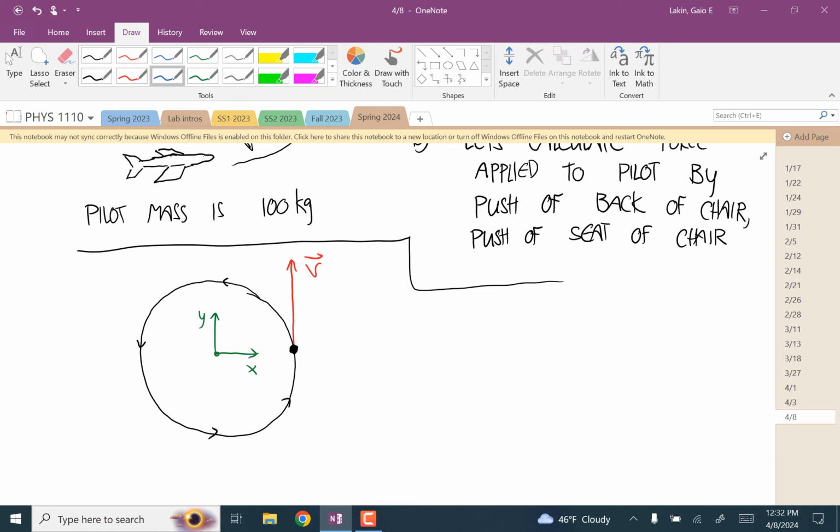Now the centripetal acceleration is from the point toward the center. So that blue vector is a centripetal.